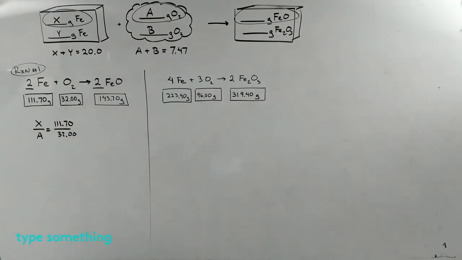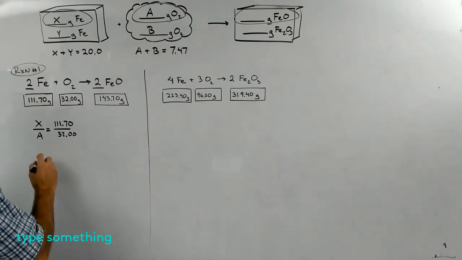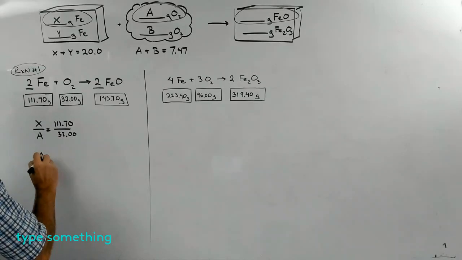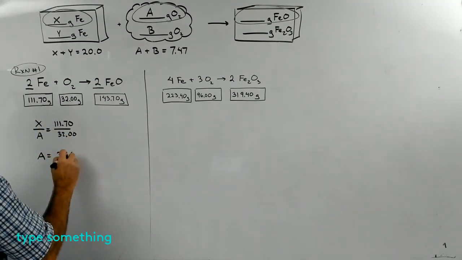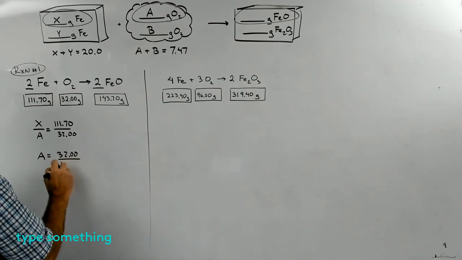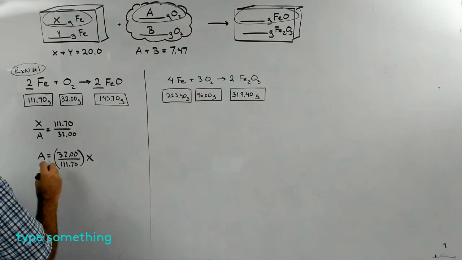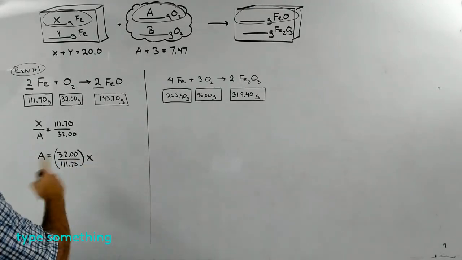As a result, A is equal to 32.00 over 111.70 times X.